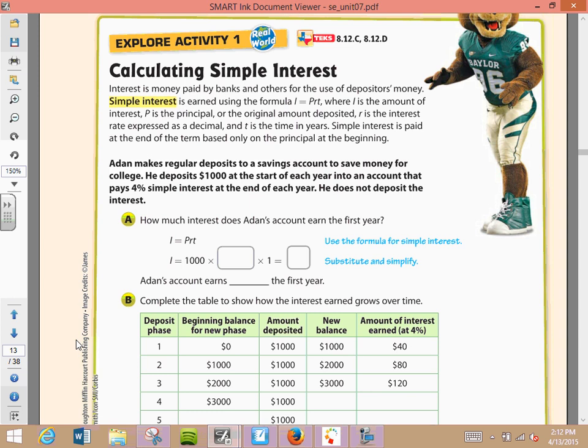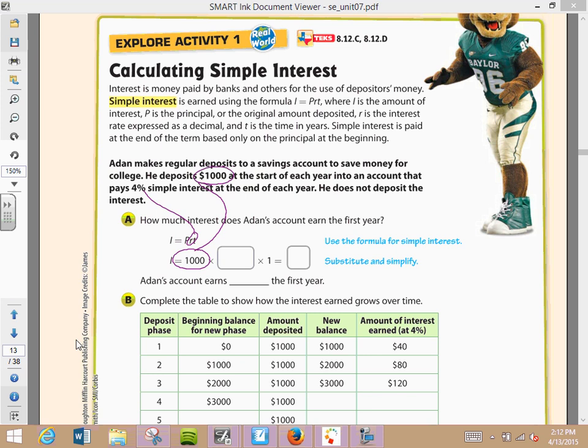So in this example, we use the formula of I equals PRT. P obviously again is the principal, whatever money you started with, 1,000. The R is the rate, 4%. Now, don't ever plug in a number in percent format into a formula.